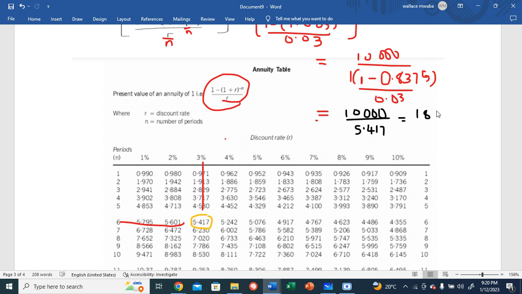Are we all getting that, colleagues? If you're getting a different figure, it's okay, it's just because of rounding off.